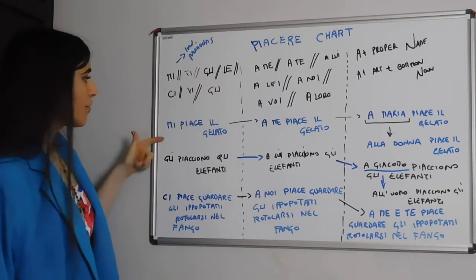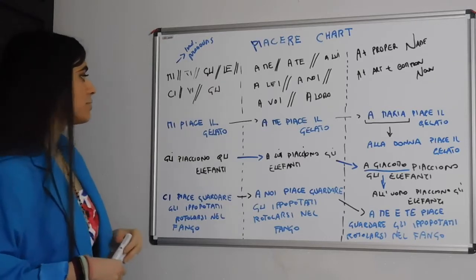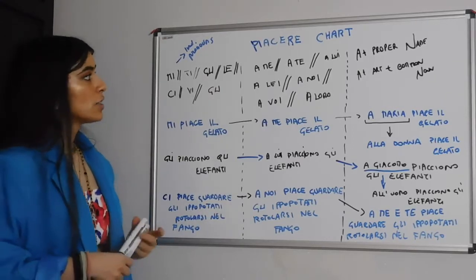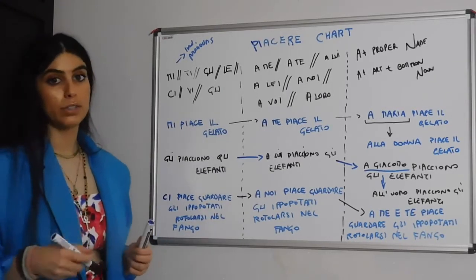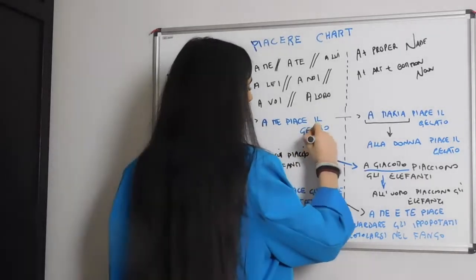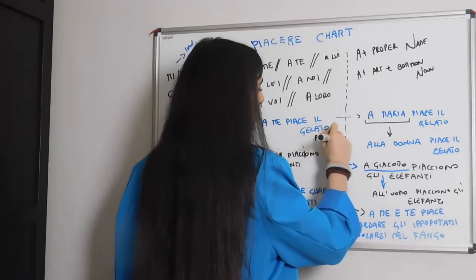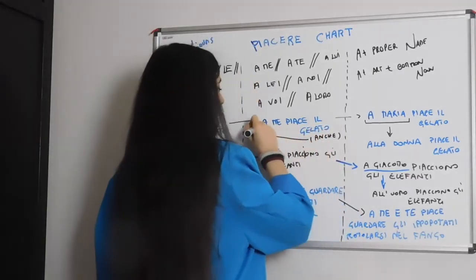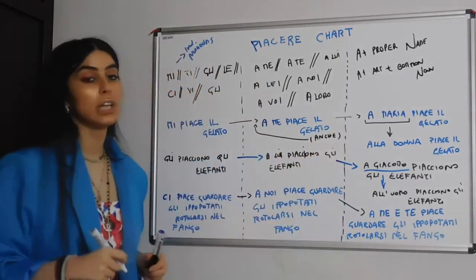So, the first sentence is mi piace il gelato. Somebody who would respond to this sentence would say a me piace il gelato anche, or anche a me piace il gelato.